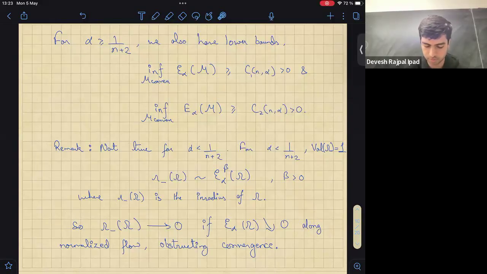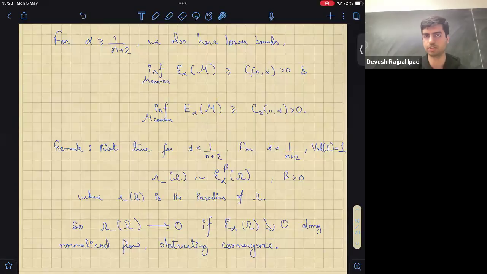The other feature was that this is not true for sub-affine powers, for alpha less than 1 over n plus 2. Let's say I fix the volume. Then there is a relation that the inradius of the hypersurface is roughly an appropriate power of the Firey entropy.